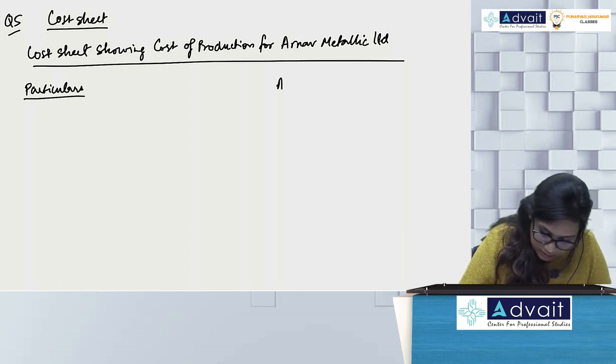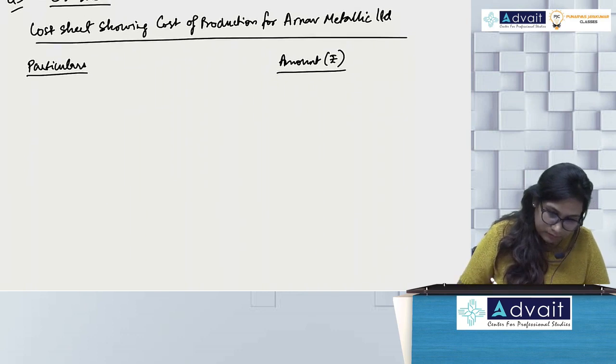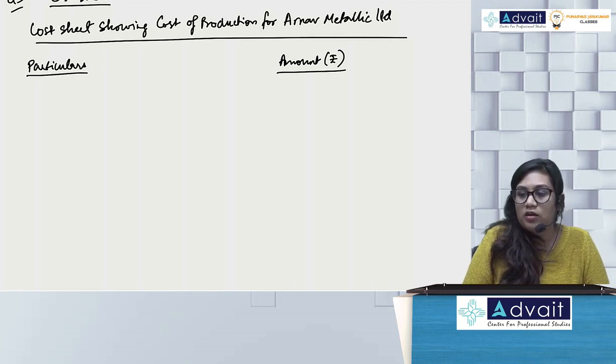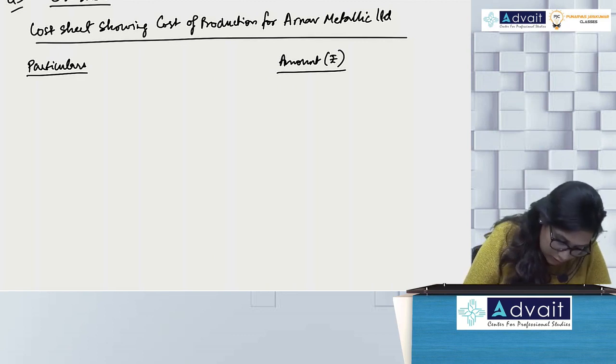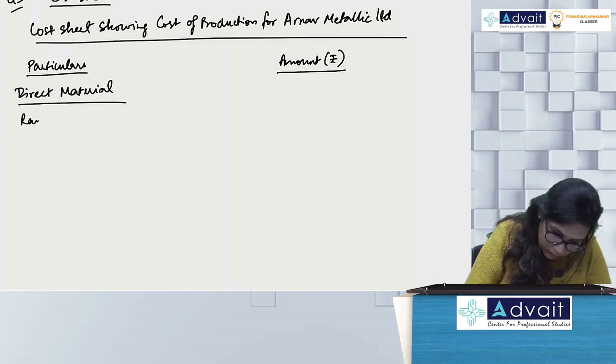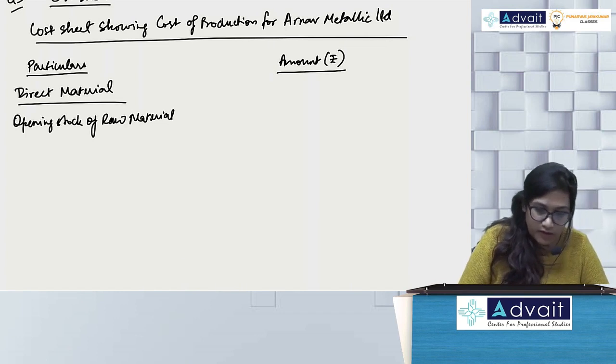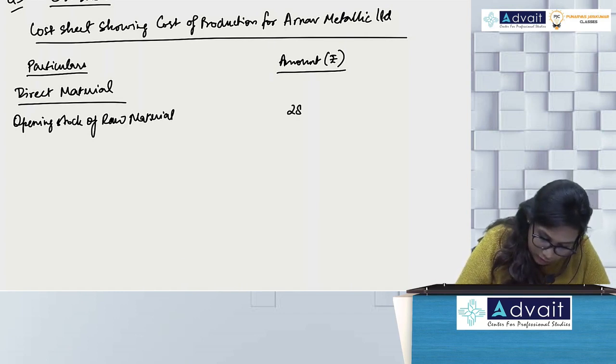So particulars, amount. So how do we start this? So we start this with direct materials. So you have direct materials. Under this, opening stock of raw material, which is the first thing. So what would that be?